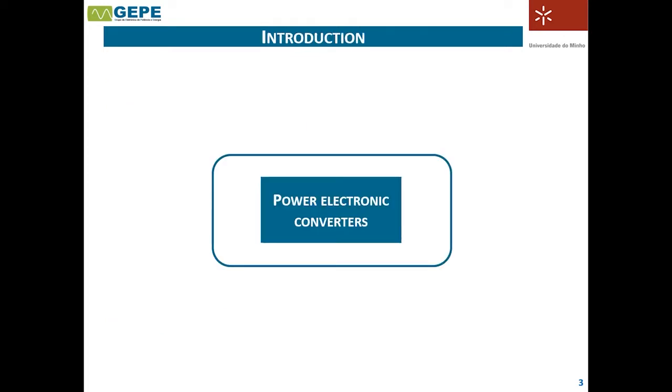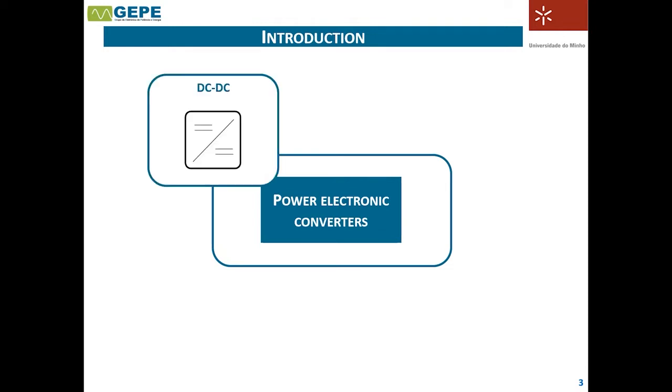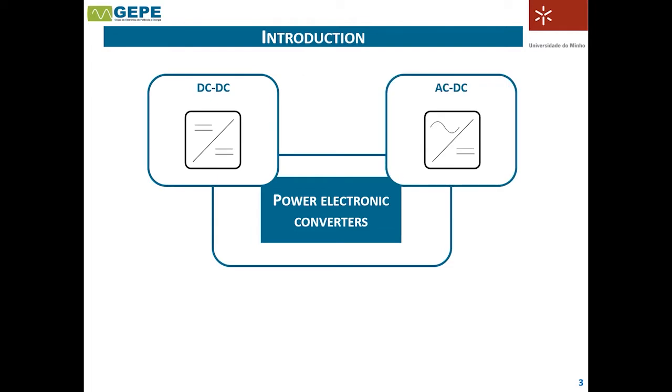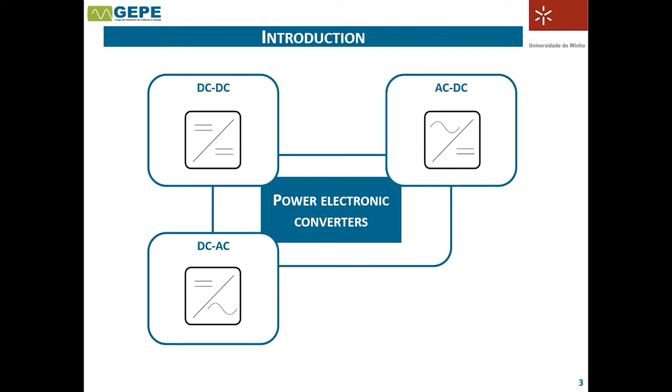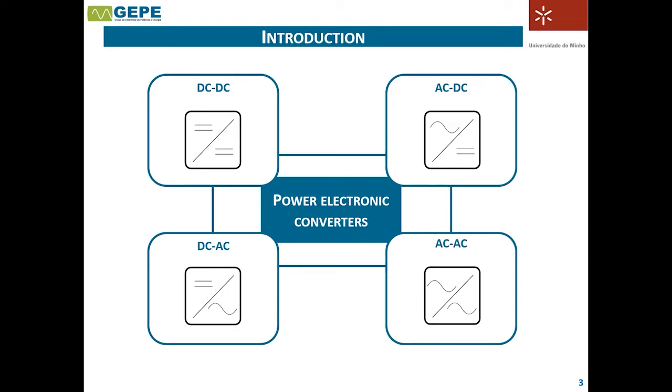Nowadays, electrical energy is indispensable for the execution of many tasks. With their increasing relevance, power electronic converters have become the focus of research to improve their performance and applicability. Power electronics converters can be grouped into four categories: DC-DC, AC-DC, DC-AC, AC-AC.